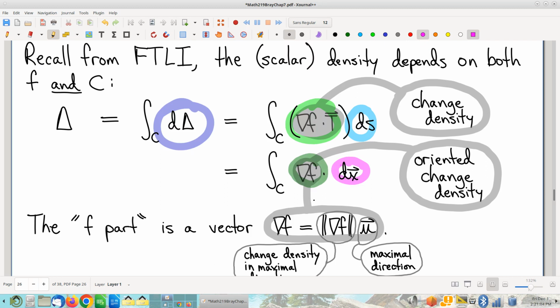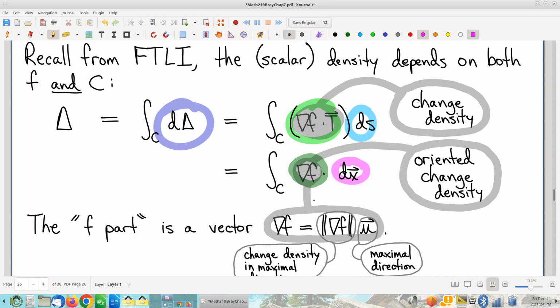If you think about what the dx vector is, I claim it's literally oriented size. The orientation t, the size ds. That's exactly what dx is made out of. It is literally t ds. It's orientation times size. So oriented size, thus the gradient is the oriented density.